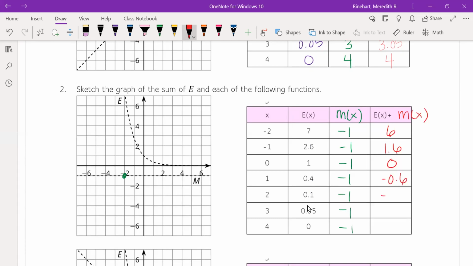-0.6, -0.9, -0.95, and then -1. And then we're going to stay at -1 after 4 because, again, e of x stays at 0, so it becomes whatever m of x is after that.